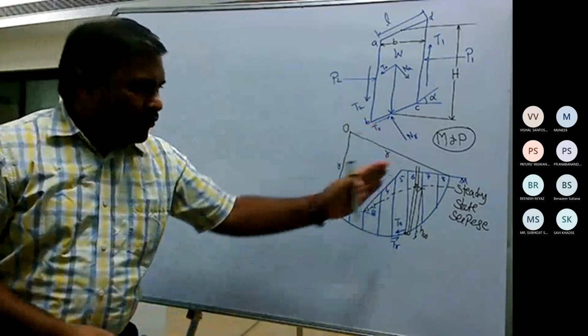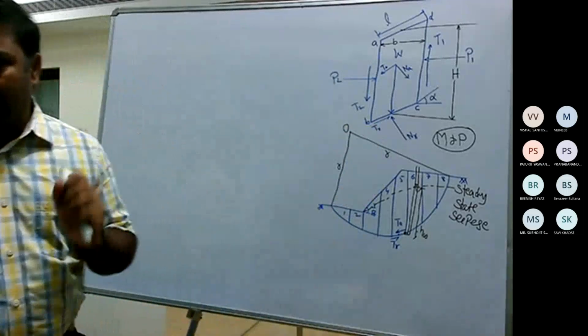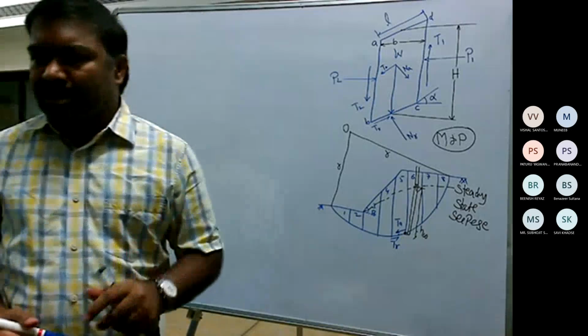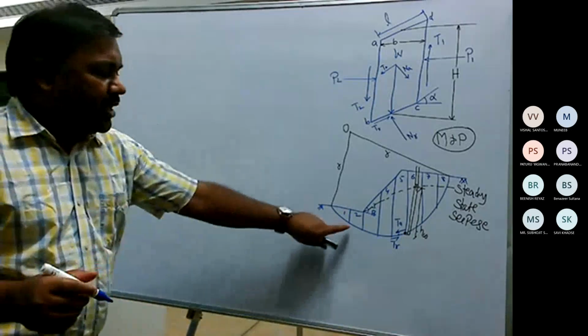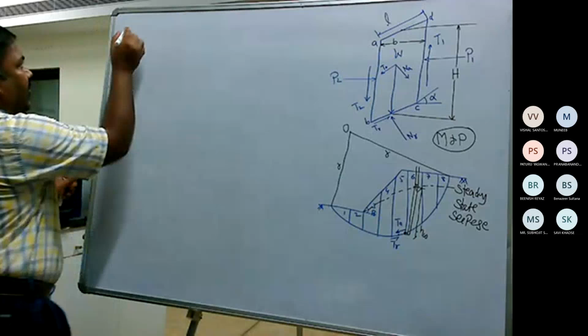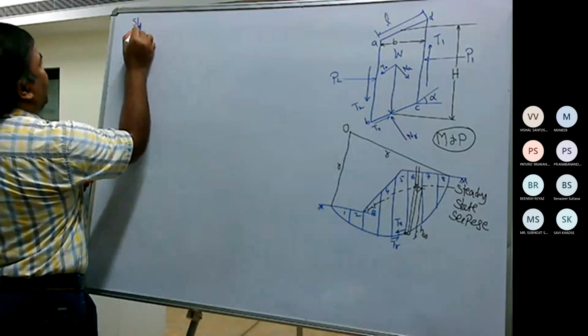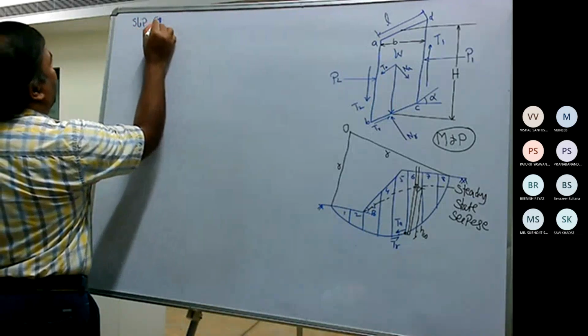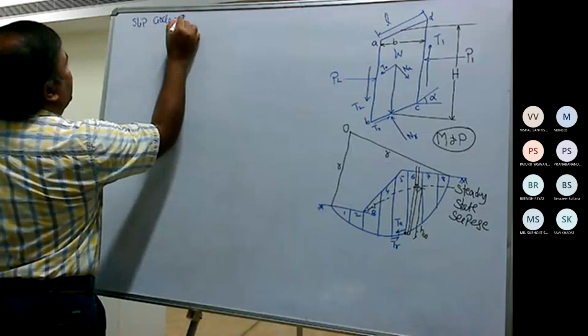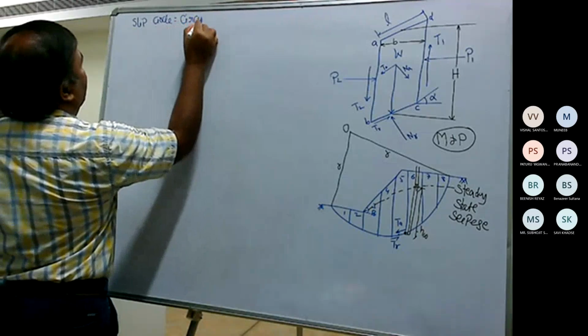So far, whatever discussion we made, the inherent assumption is that the slip circle is circular.